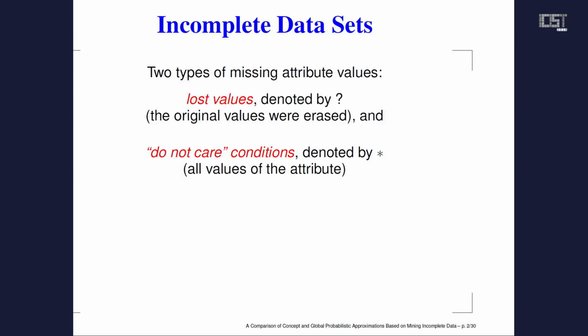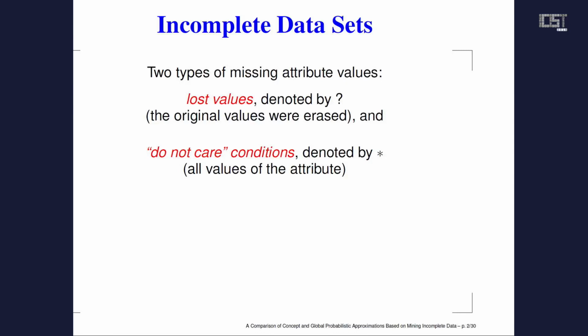In my presentation, I will use two types of missing attribute values. One is lost value, which means it is completely erased. We cannot use it anymore. And the second is don't care condition, which is a completely different interpretation.